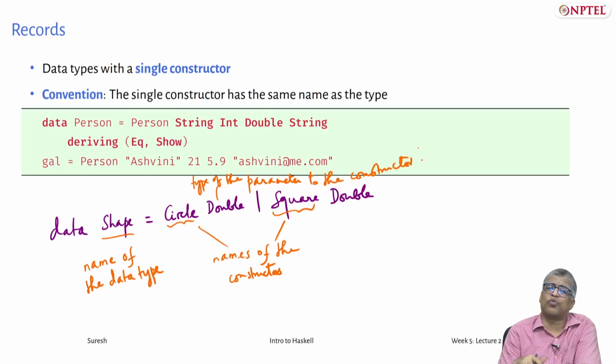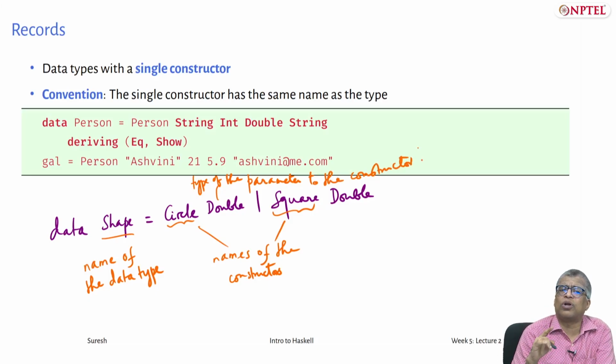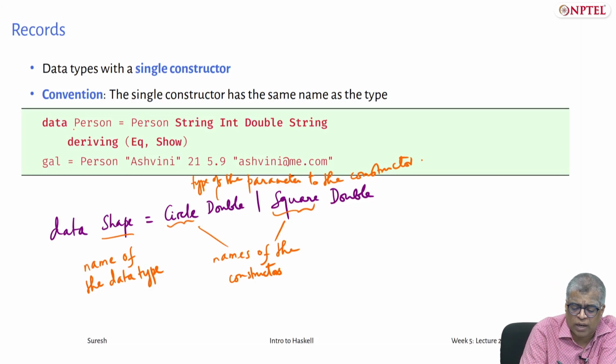Okay, so this is what we have so far. But in case you only have a single constructor, then the Haskell convention is that the data type name is the same as the constructor name.